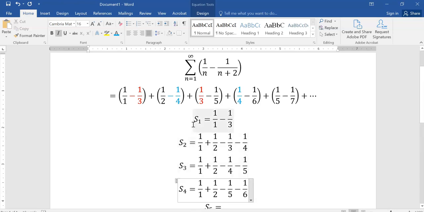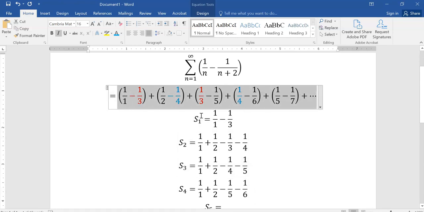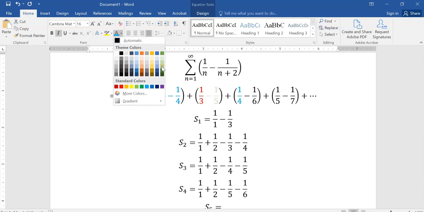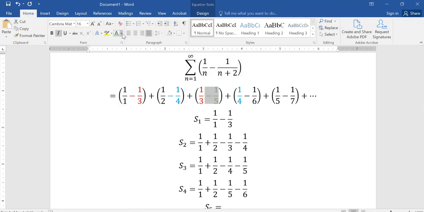Let's do one more term. Add in the first 5 terms here. Well, everything goes the same, but now this minus 1/5, I know that's really light on purpose, is going to get canceled out with this positive 1/5.